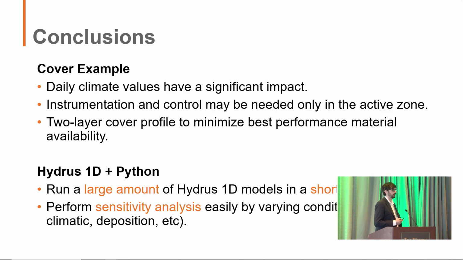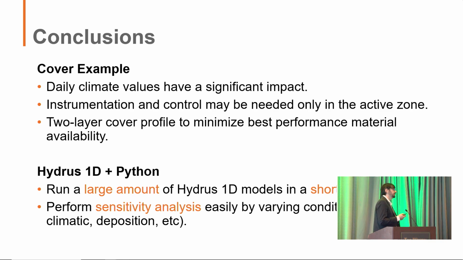Some conclusions and comments. In the cover example, daily climate values have a significant impact on our model. Instrumentation and control may be needed only in the active zone, which is the one that we show in the line plots for the humid scenario. We can say that a 2-layer cover profile can be done to minimize best performance material availability.